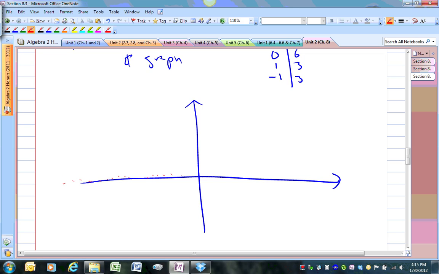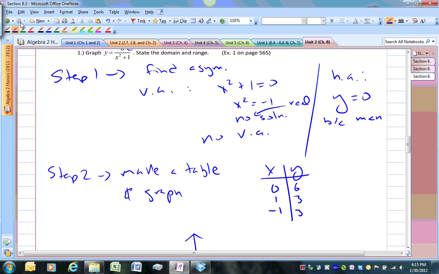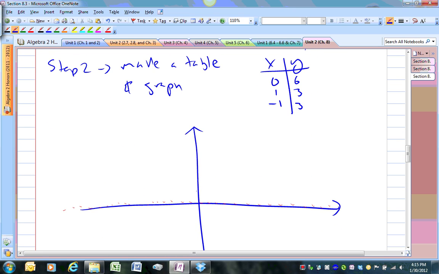So we know horizontal asymptote y equals 0. There's no vertical asymptote. 0, 6, so 1, 2, 3, 4, 5, 6. 1, 1. Plot your points. So the graph will look something kind of like this.